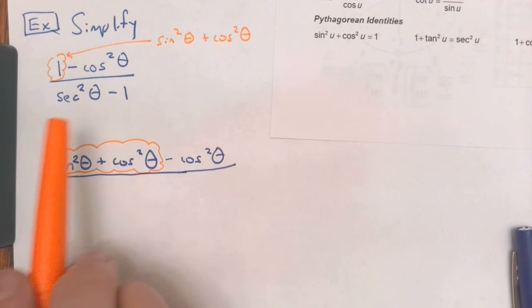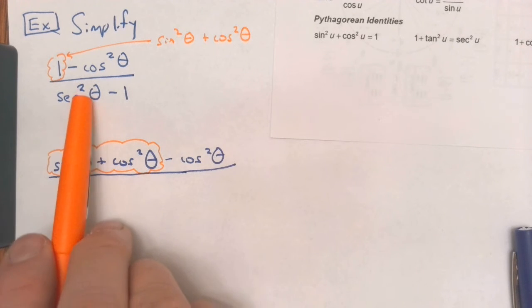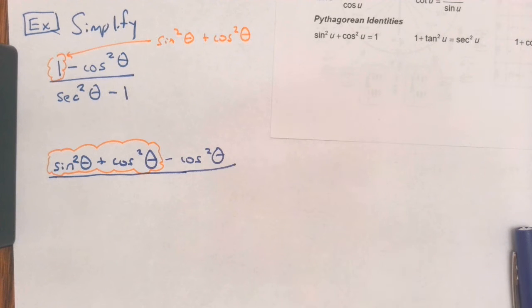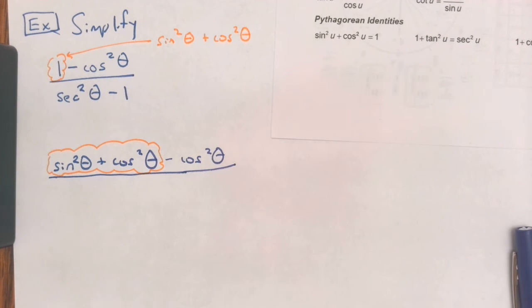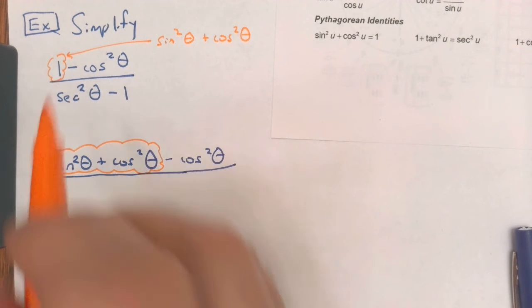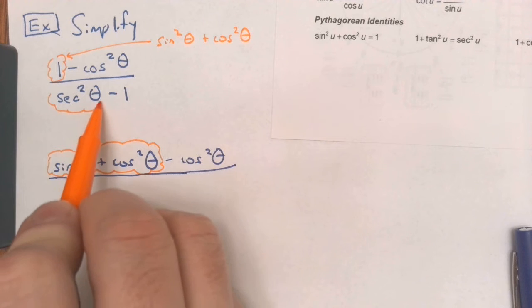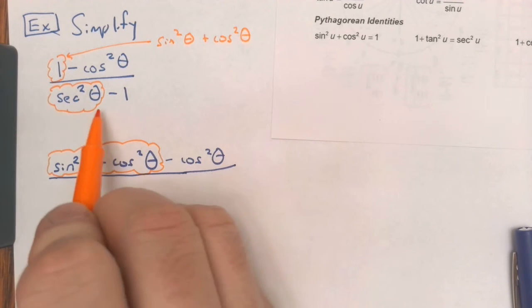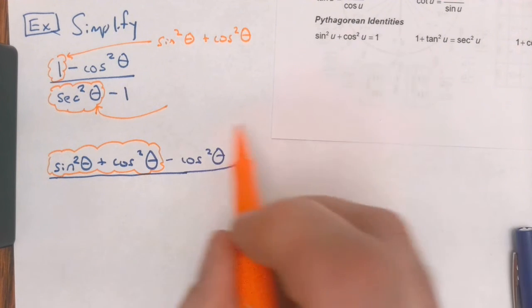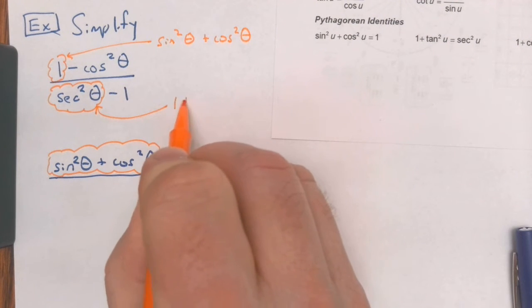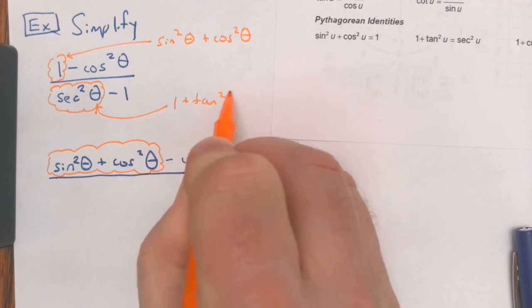In the bottom part of our fraction, I see we have a secant squared of our angle minus 1. So again, I want to take a look at our Pythagorean identities, and we do have one that has a secant squared in it. Secant squared of our angle is equal to 1 plus the tangent squared of our angle.